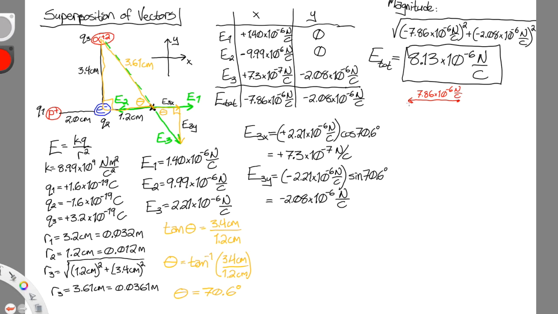And then from there, our y component is also negative, so not at all to scale, my y component does point downward, and it has a value of 2.08 times 10 to the negative 6th, again, newtons per coulomb. And that means our total electric field vector will point in this direction. So this is E total.